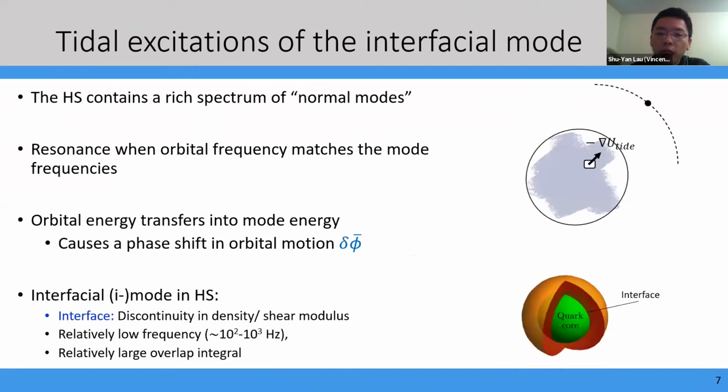As this interfacial mode resonates, it causes the orbital energy to shift into the internal energy of the star. This causes a phase shift in the overall binary motion, and this can be observable inside the gravitational wave signal. So it is something about the orbit itself.